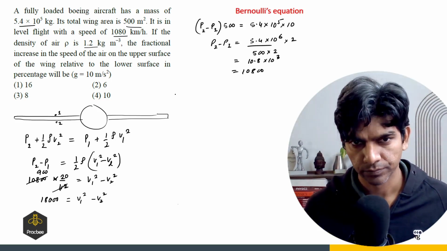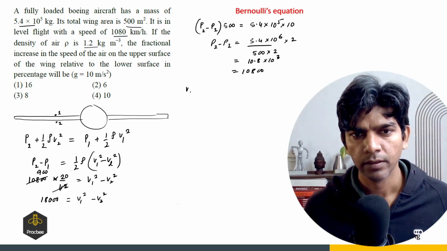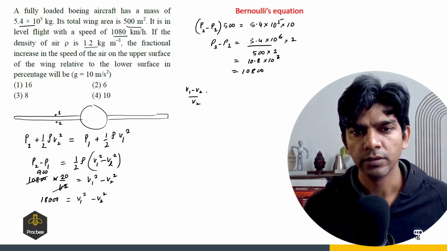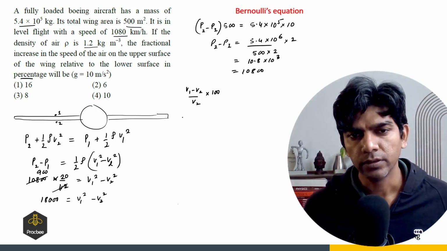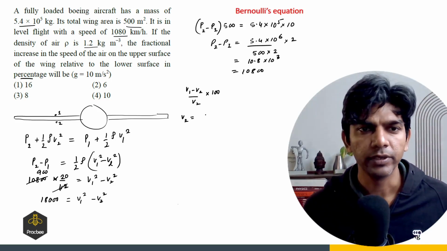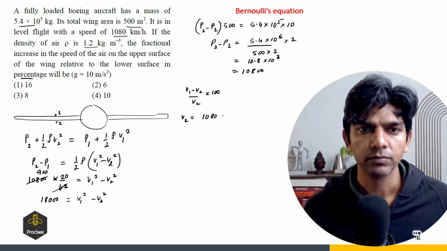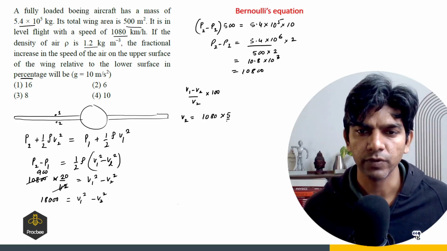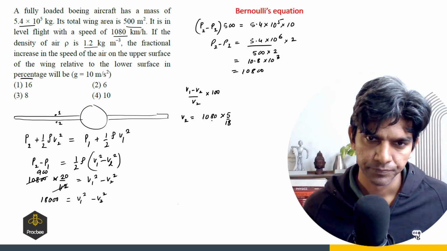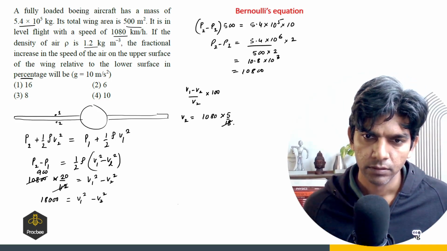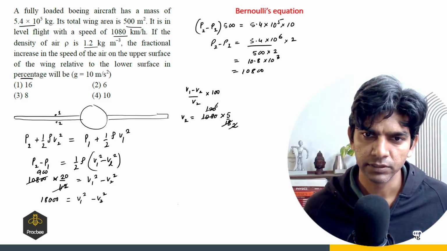So it means, so we have to find V1 minus V2 divided by V2, times 100. So that is what we have to calculate, right? Percentage. Where V2 will be 1080 kilometers per hour, which is times 5 by 18. So this will give us 2 and it will be 120. So this will give us 60. So it comes out to be 300 meters per second.